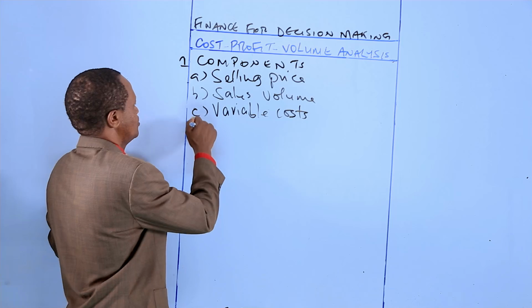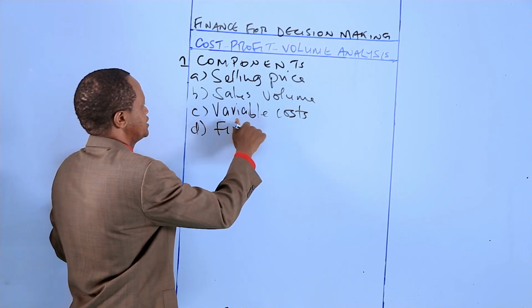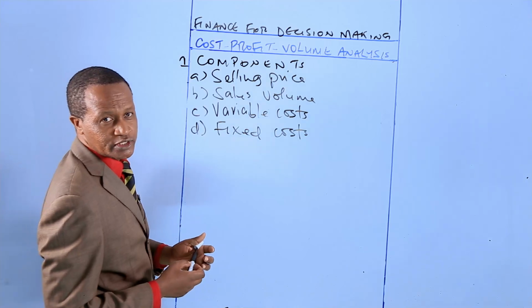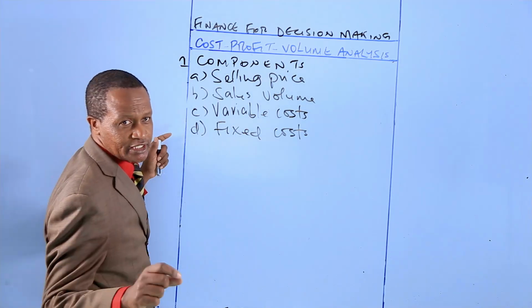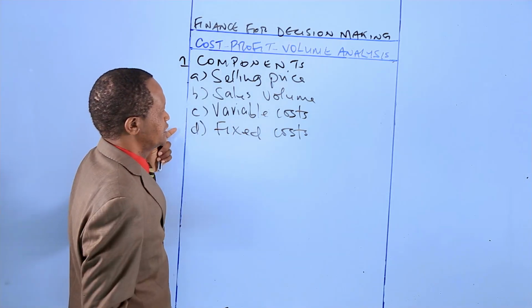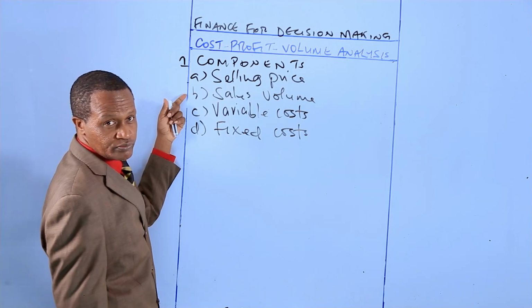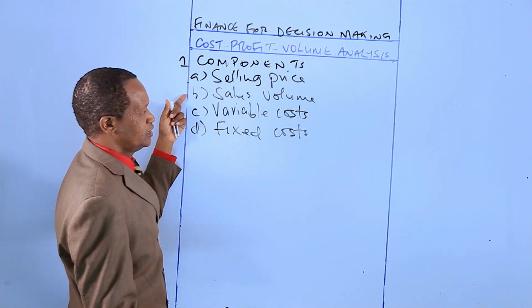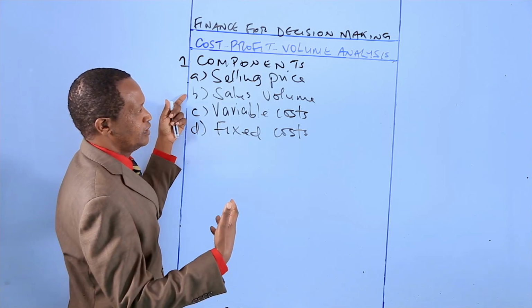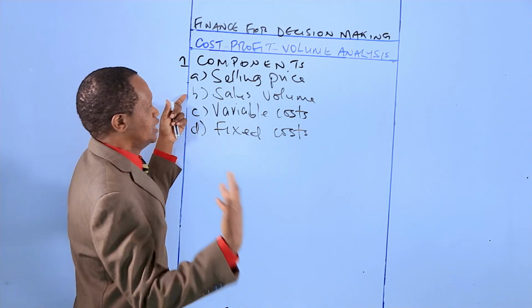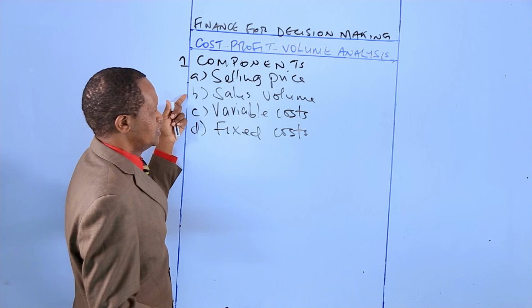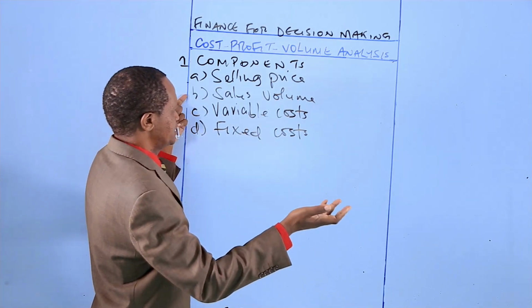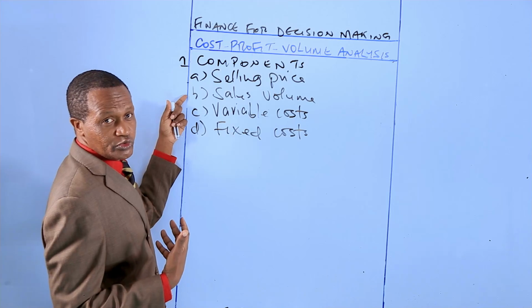Then we have what we call fixed costs. These are costs that remain constant regardless of changes in the sales volume. Like if you have premises, you pay rent per month of 100,000 shillings. That rent will be paid whether you are selling more units or selling few units.